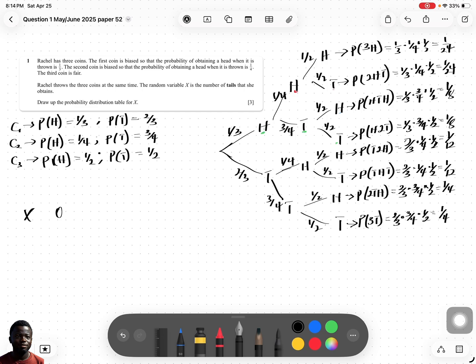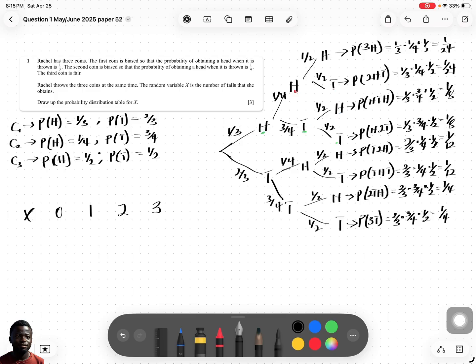So we can also have 1 for x. Then you can also see the probability H2T. It means there's an instance where we can have 2 as the value of x. Then when you look down here, we have 3T. So we can have 0, 1, 2, and 3. All are some of the values we can have for x.